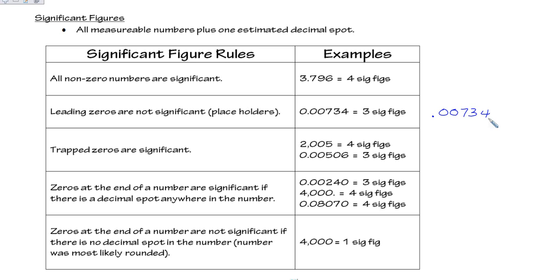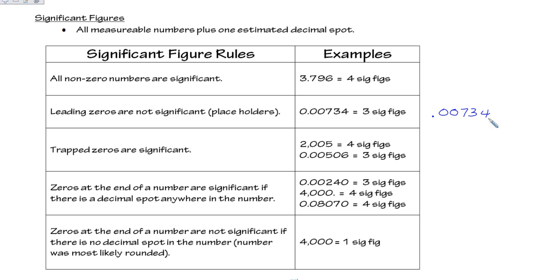Either way, this number is really small, so we didn't make a measurement in the ones position. We didn't make a measurement in the tenths or the hundredths. We didn't make a measurement out until the thousandths of a whatever this is, gram, meter, liter. It's something really small.